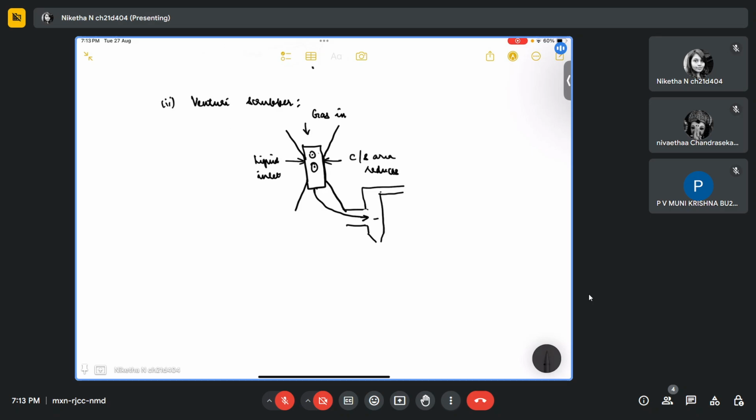Just like how particles are separated in a cyclone separator, here also there will be vortex motion, and the clean air will move to the top in a vortex, and whatever particles along with the liquid are there, they will settle at the bottom and form a slurry.